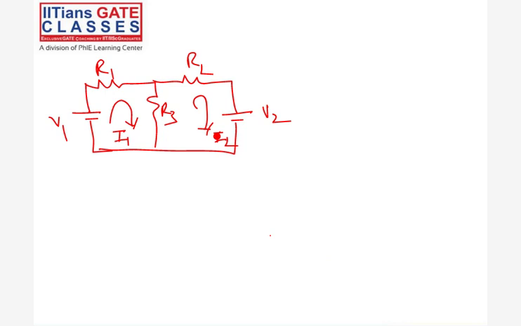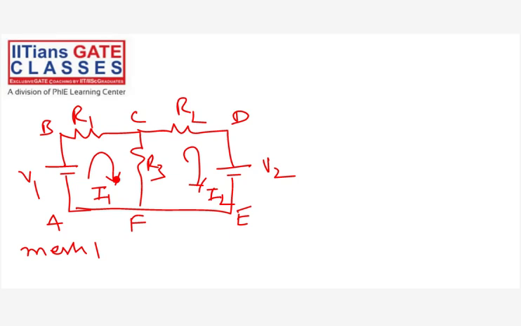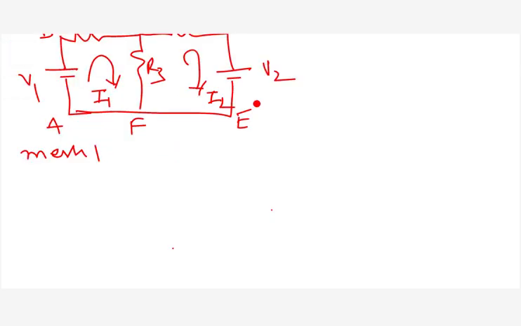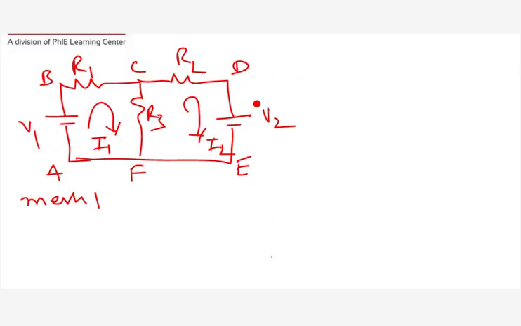Starting from A, tell me the voltage drops across every element. So this is my minus V1, plus the current in this branch is I1, into R1. So this will be my I1 R1 drop.